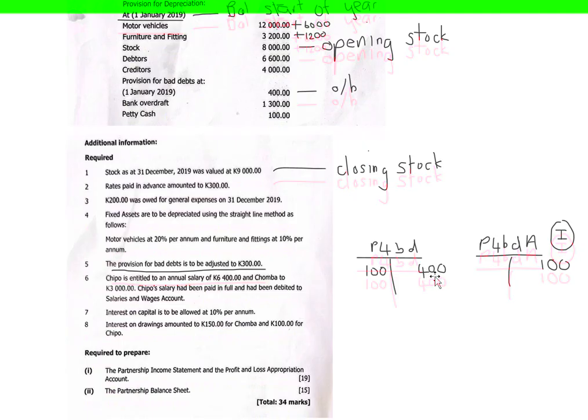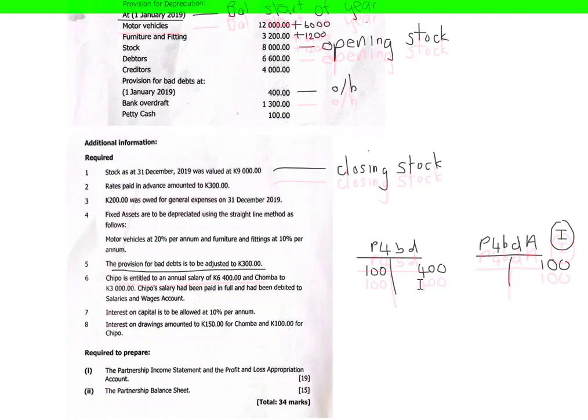It's 400. What I need to do is debit provision for bad debts, and I go and credit an income account. I call it, and some textbooks call it, provision for bad debts adjustment, which is an income account, and it gets credited with 100.